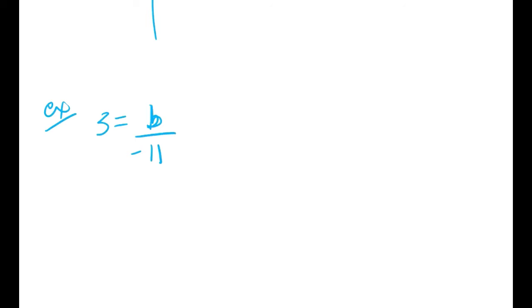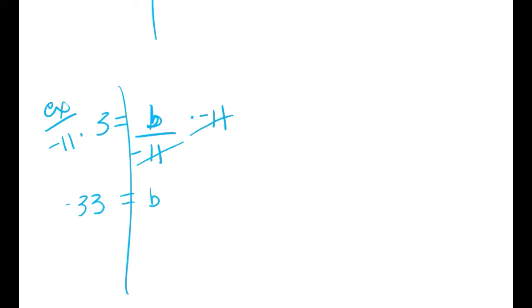So we undo division with multiplication. So I'm going to multiply both sides by negative 11. And then b is going to equal negative 33. And again, we could check that, and it should come out right for us.